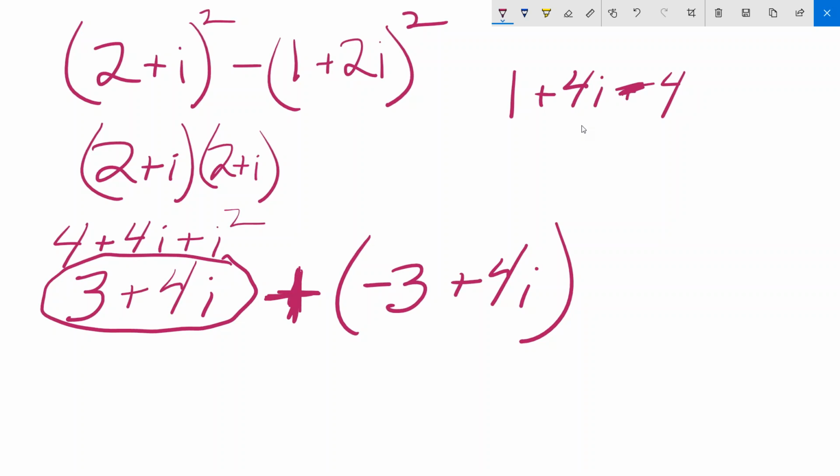So that becomes positive, and this becomes negative. And now I can remove the parentheses. And I don't need two positives in a row, so I can remove that positive. Now, perform the operation. There's no more parentheses. So it would just be 6. That's it. That's the answer.